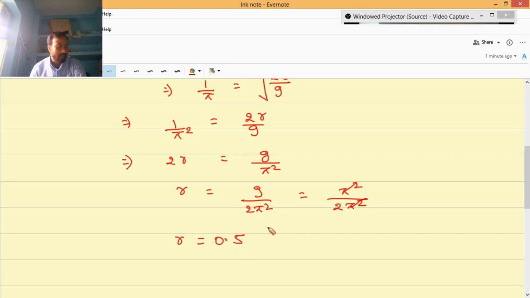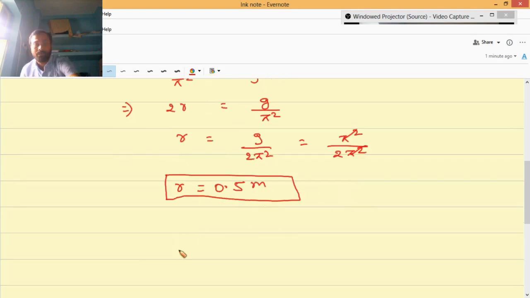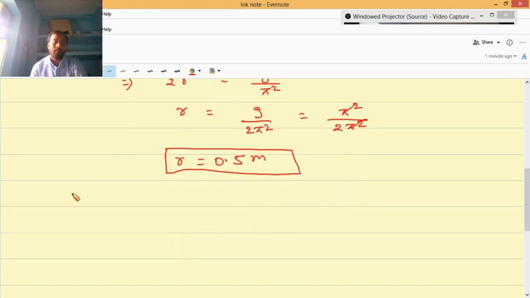All the parameters are taken in terms of meter, with g as pi square meter per second square, so the radius will be 0.5 meter. In this problem the answer is given in terms of centimeter, so we can convert it to 50 centimeter.